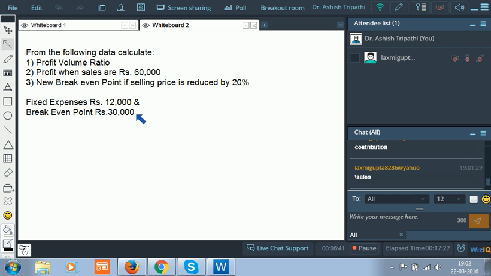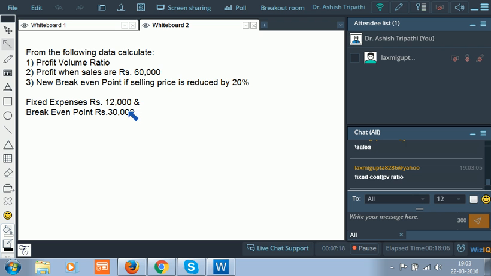do you know the formula for break-even point? Fixed cost upon PV ratio.